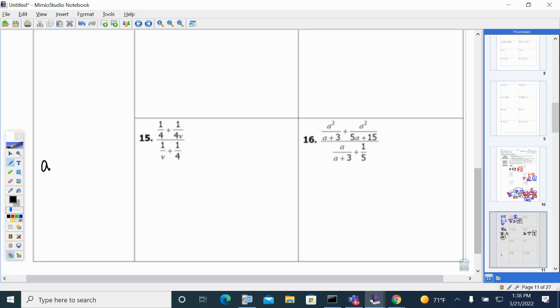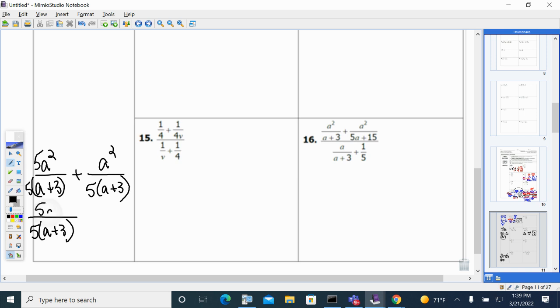A squared over a plus 3 plus a squared. I'm going to go ahead and factor that denominator so that it's easier for me to tell. My common denominator is going to be a 5 and an a plus 3. In that first fraction, I just need to multiply by 5.